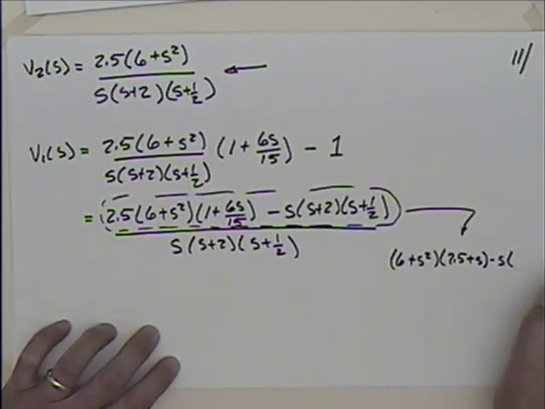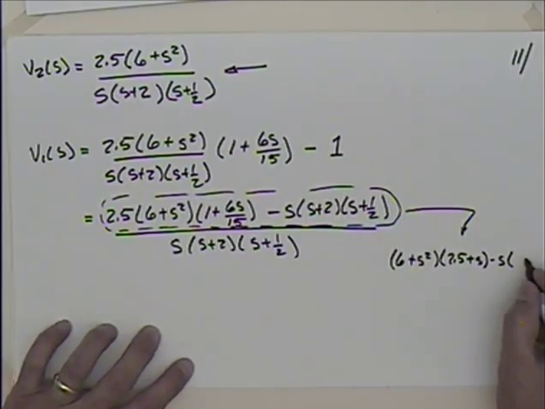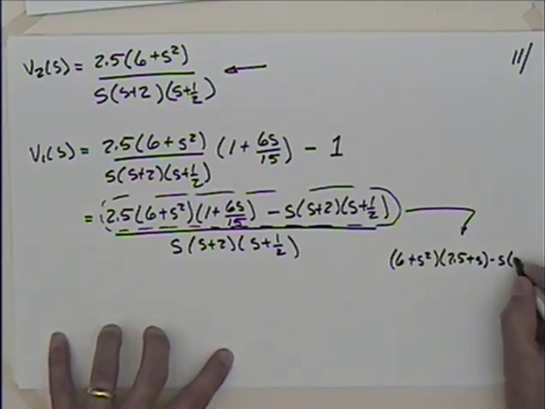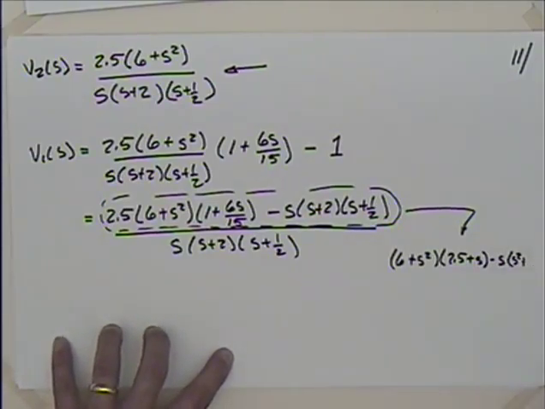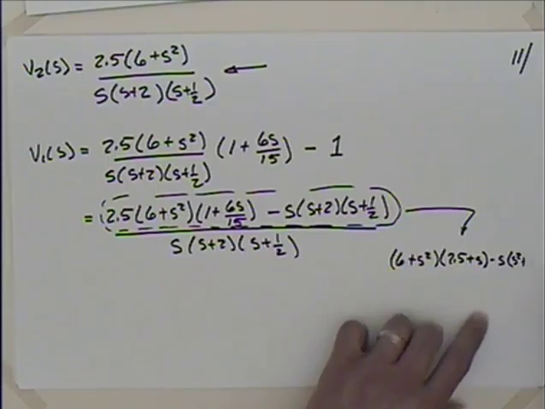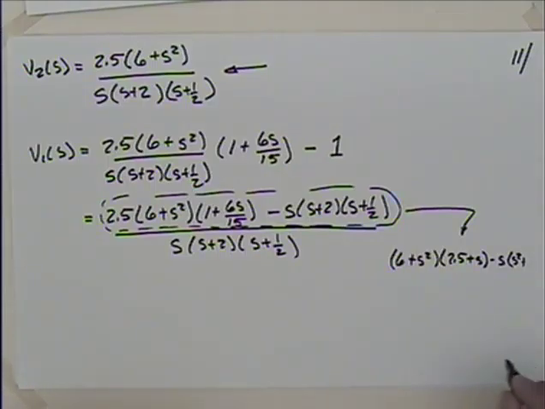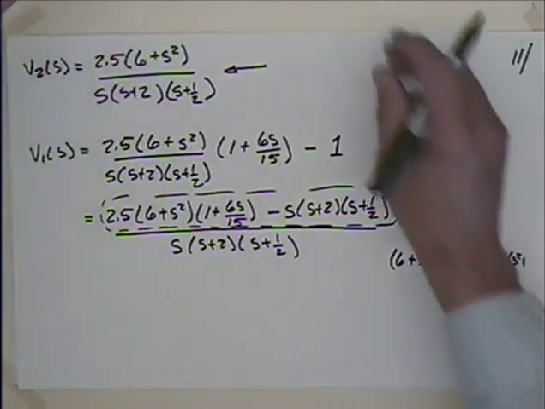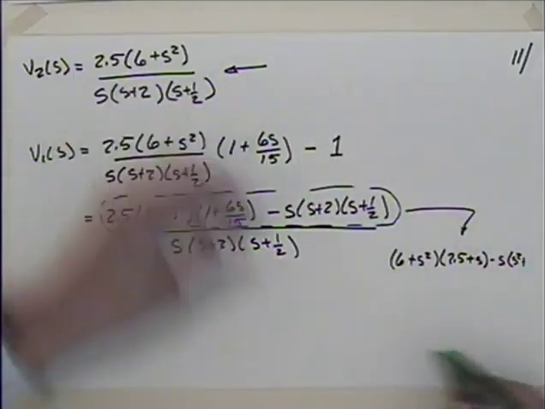Minus S times what we have before, S squared plus 2.5S plus 1, S squared plus, I'm kind of running out of space here. Give myself some more room.